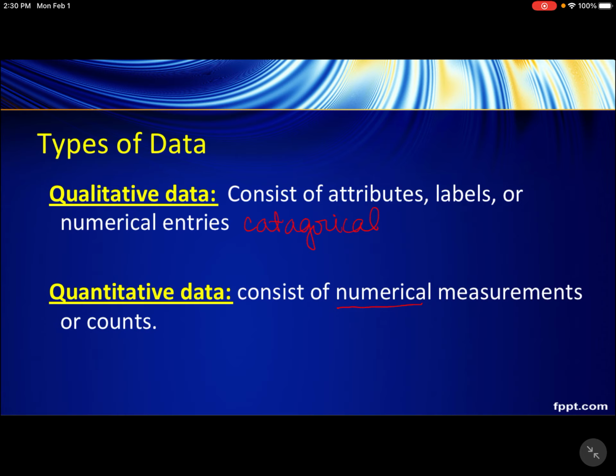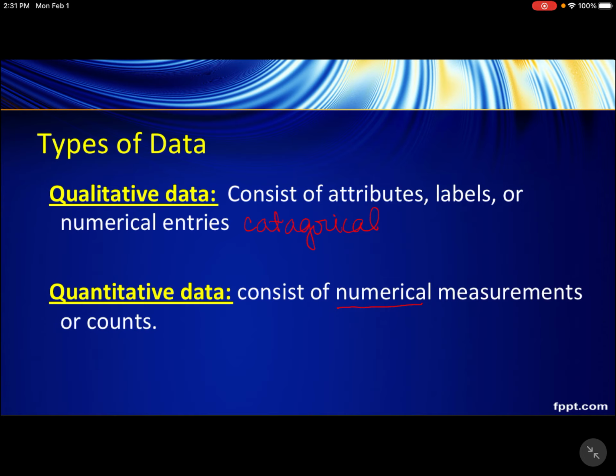So things that can be divided into categories like political affiliation, eye color, geographic regions. Those are all qualitative. Whereas quantitative would be like the number of pets you have or the height of individuals. Those are numerical measurements or counts, and therefore they are quantitative.